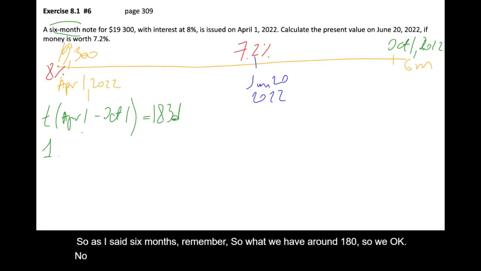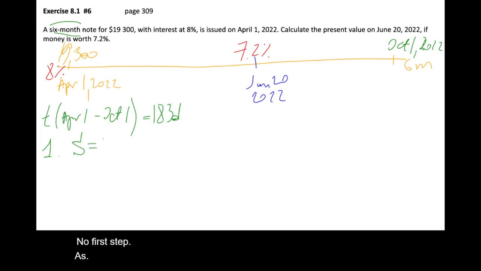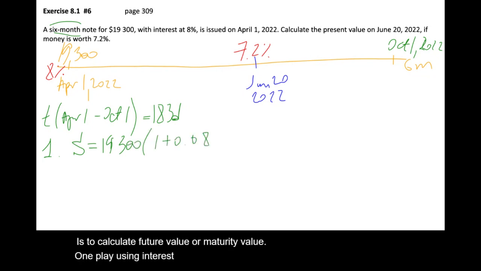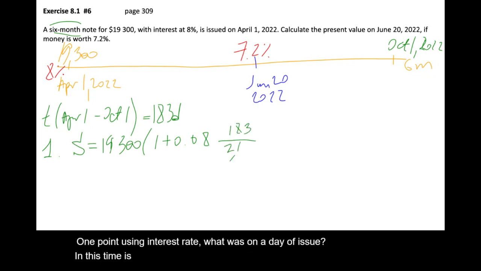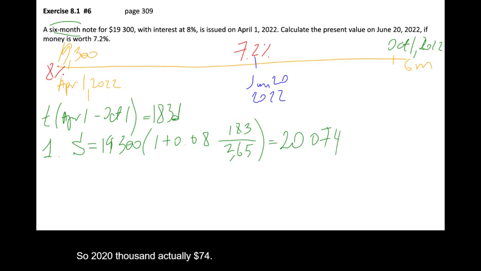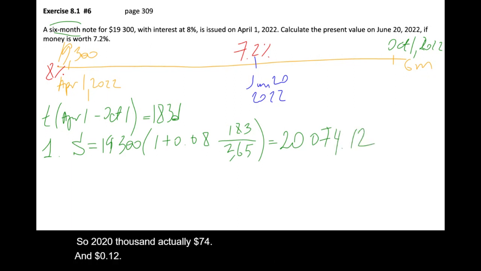Now, first step is to calculate future value or maturity value, using the interest rate that was on the day of issue. And this time is what? 8%. So 20,000 actually, $74.12.